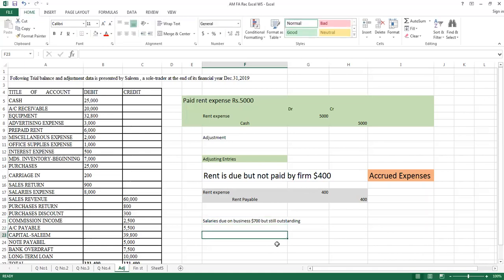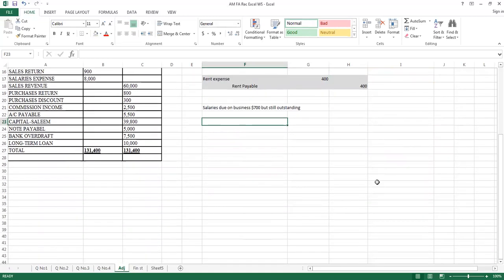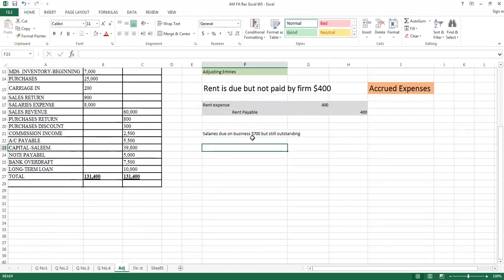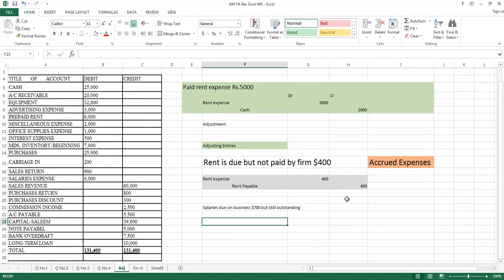So now the question is, what entry should be prepared for it? Student, if you check this statement, can I say that we are still facing the same situation? Salary is due on business, $700, but it's still outstanding, means we didn't pay it.